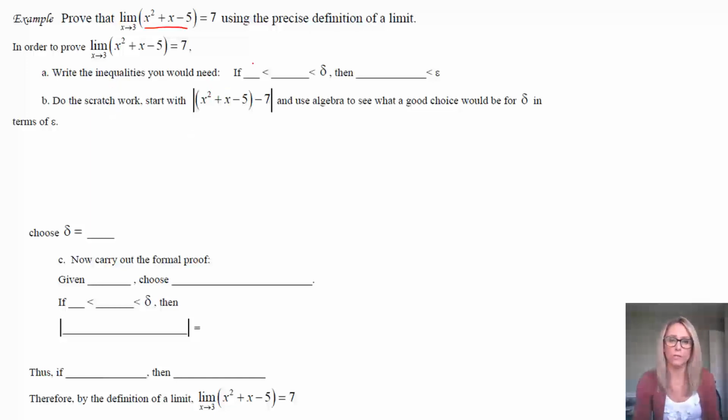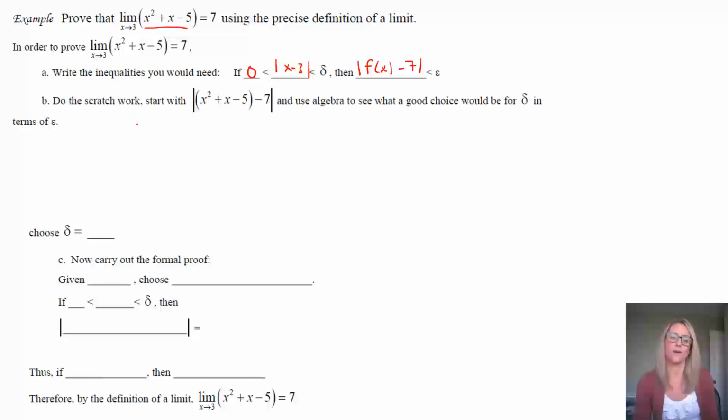So we're going to start out very similar. We want those things in the x direction: the absolute value of x minus 3 greater than 0 and less than delta. And then we want our function minus its limit to be less than epsilon. So no difference there. We have our scratch work.